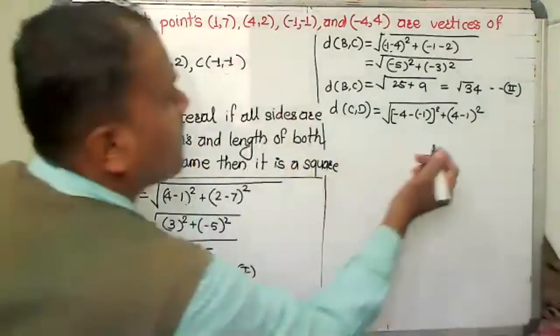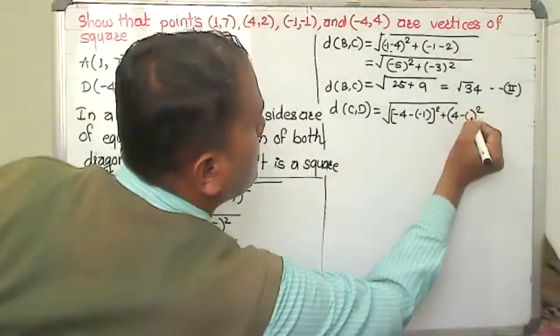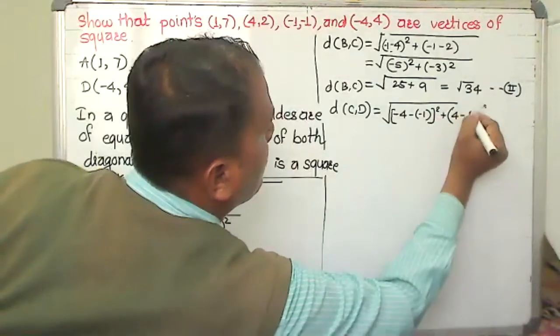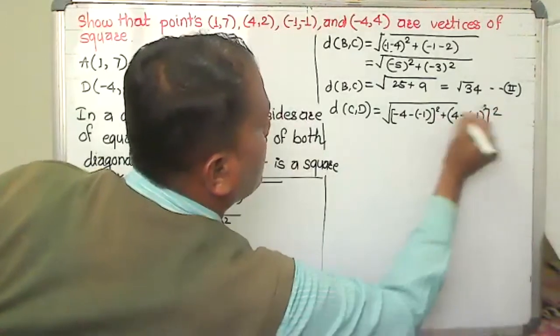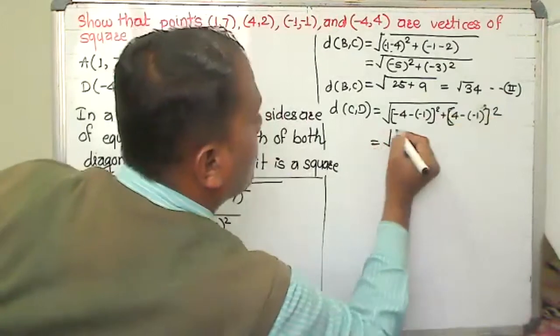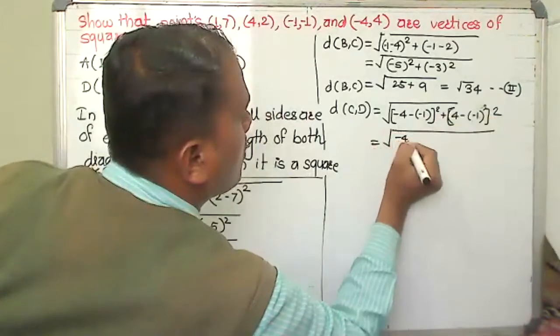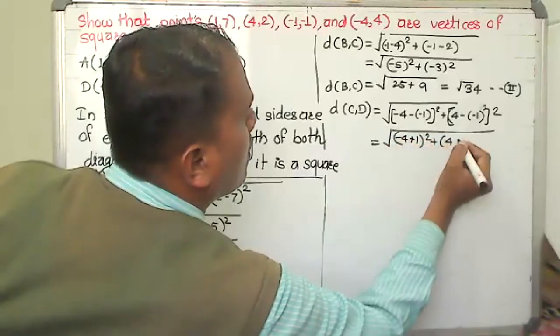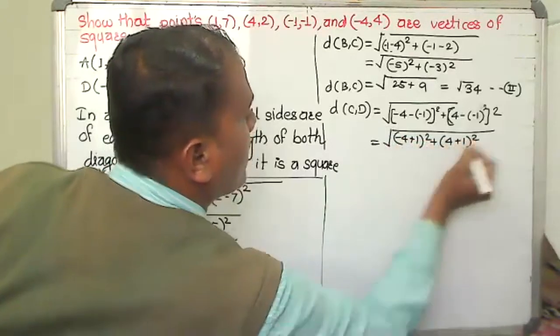So minus 4 plus 1, squared, plus (4 minus (-1)), which is plus 1, squared.